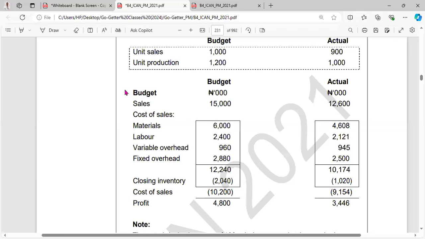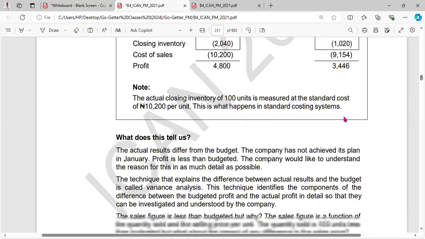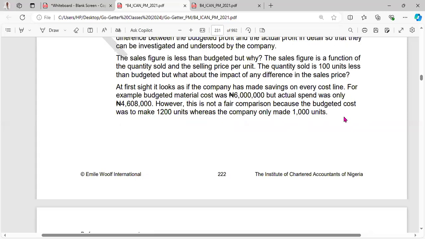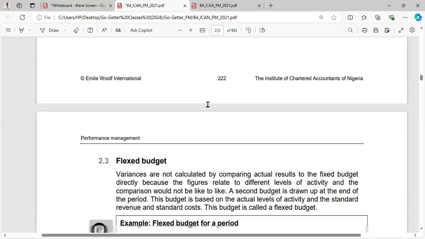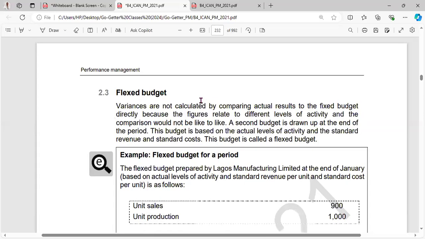So there must be a way you can compare them similarly. You have to ensure that it is converted in such a way that they can be compared to see whether there is actually a profit or not. So that's what we call a flexed budget. Now, variances are not calculated by comparing actual results to the fixed budget directly.